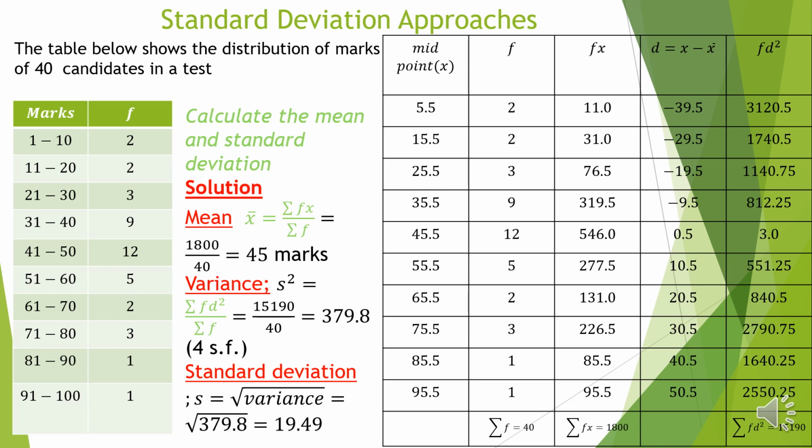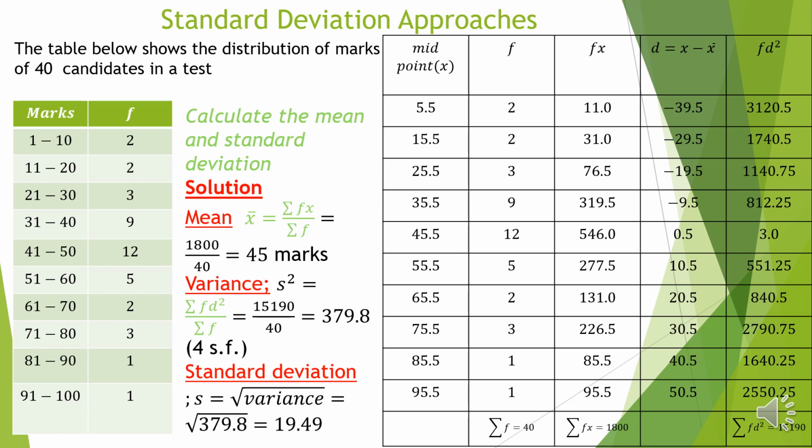So the same question can be done using what we call the assumed mean approach, where we scale this data down and use smaller values, which are easy to work with. At the same time, we can avoid some common mistakes that usually come with the workings.